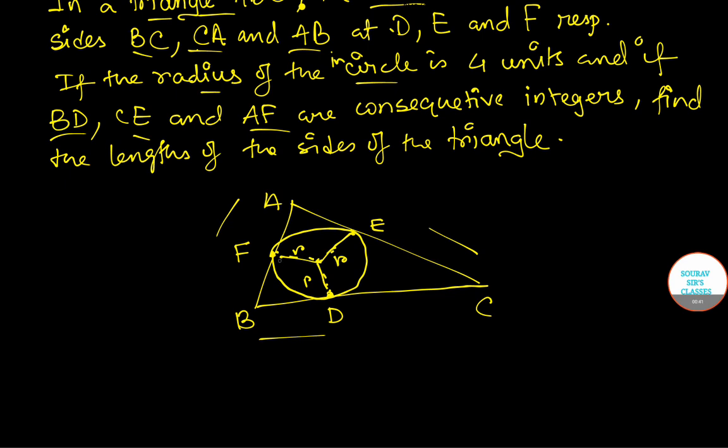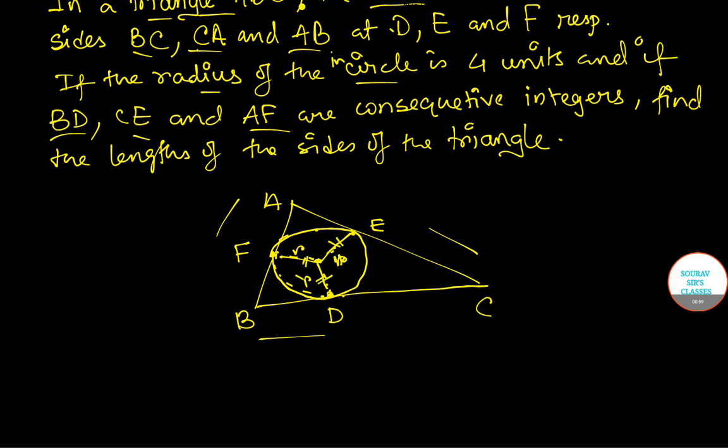Okay, and this is the incircle of the triangle ABC. This is our triangle ABC. This is the incircle we have, and we know that these are the radius because this is the incircle, so these lengths will be the same.